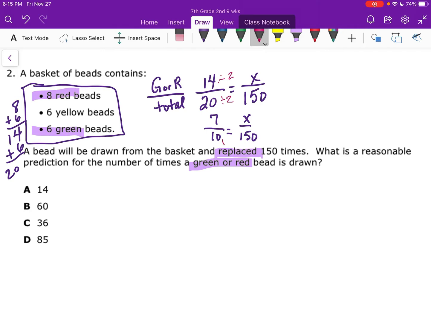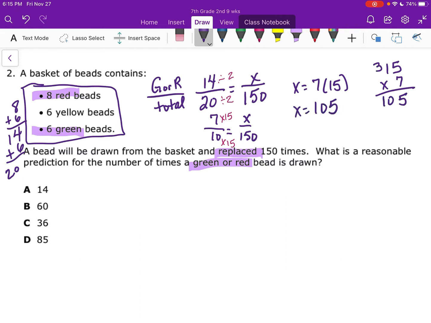Do you know 10 times something that'll give you 150? Yeah, 10 times 15. So our answer is just going to be x equals 7 times 15, which is 105.